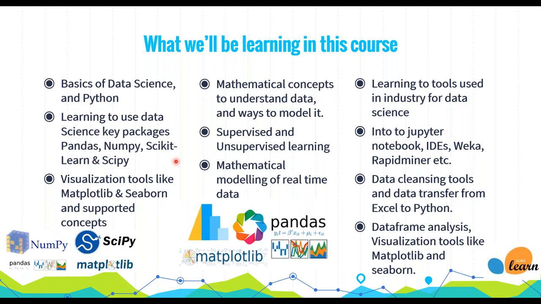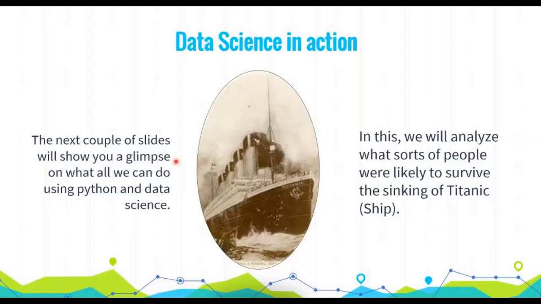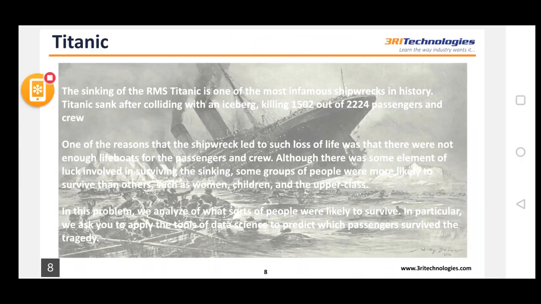Okay. So I'll just quickly go into a use case. This is a Titanic problem. So I was speaking about a problem wherein we involve the data set of Titanic.